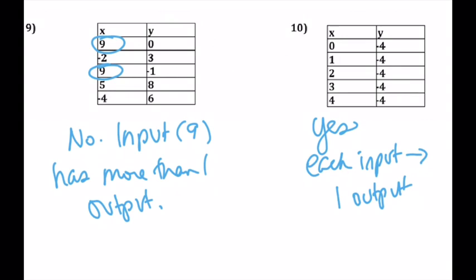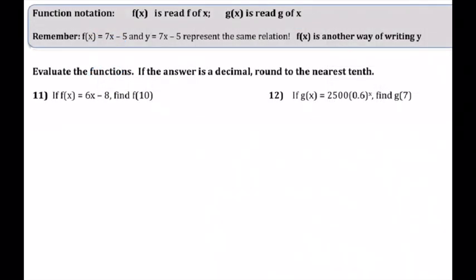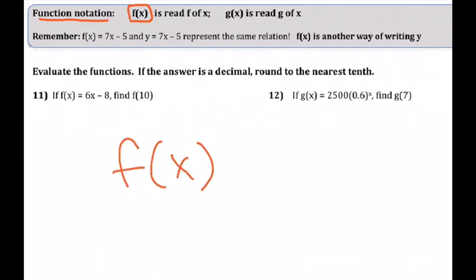Okay, we're going to continue on to the next thing, and how do we use functions? What's the point? Let's talk about something called function notation. All right, function notation is something like this, and so it's got an f with parentheses x, and the way we read that is we say f of x. It's not fx, it's f of x, okay?